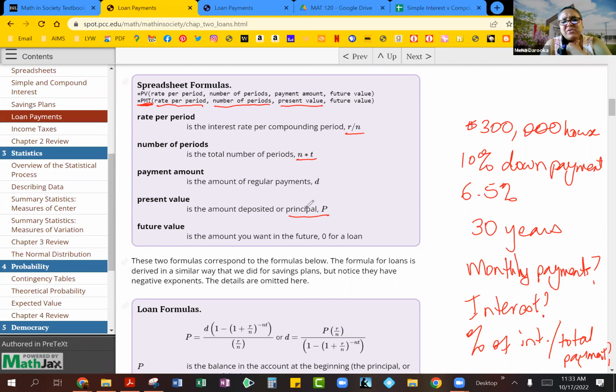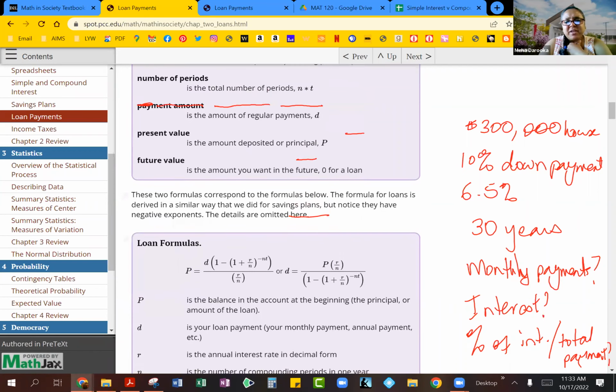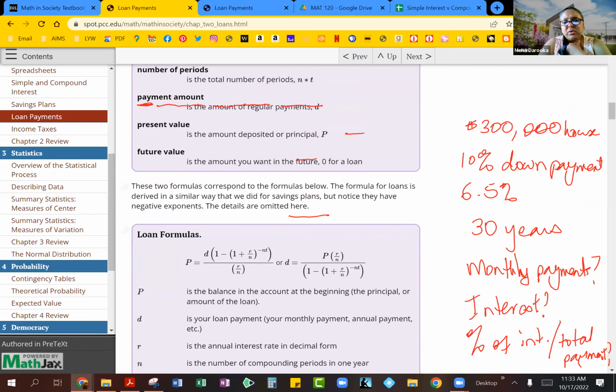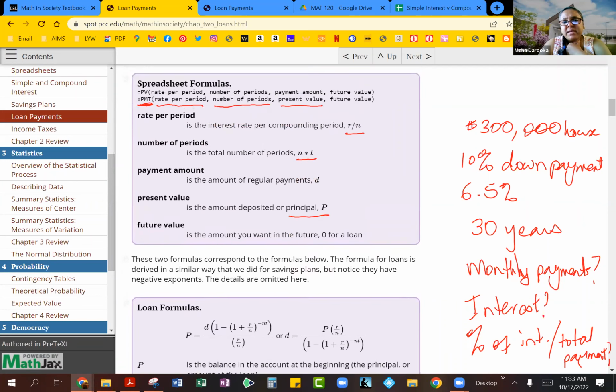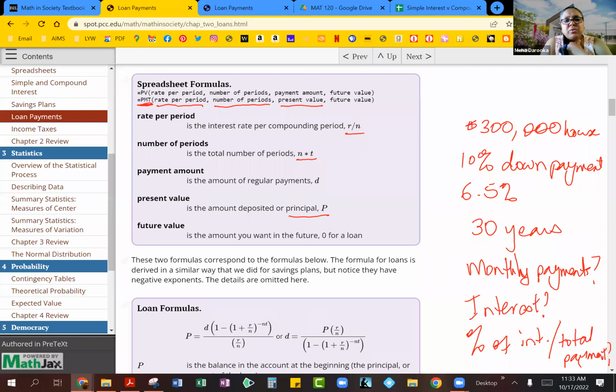In this case, it's not the amount deposited. Remember, this is the amount of loan you are taking out. You can see that over here in the description with the loan formulas, where they're telling you the P value is the principal or the loan amount. So that's the present value.